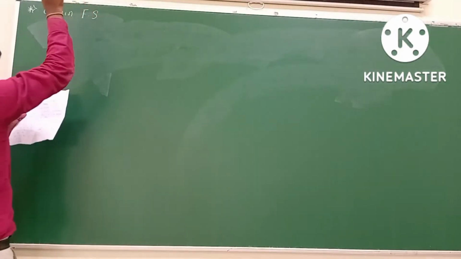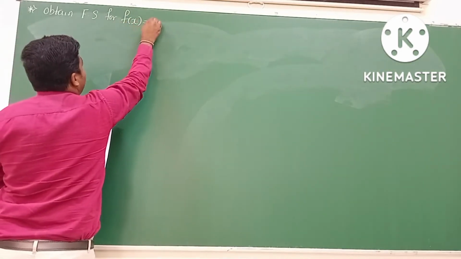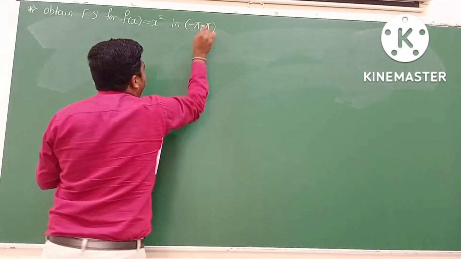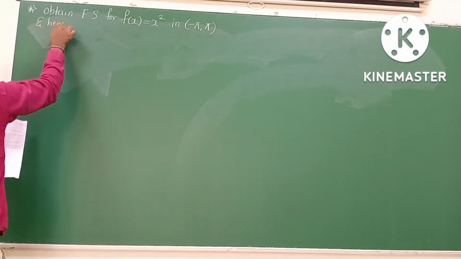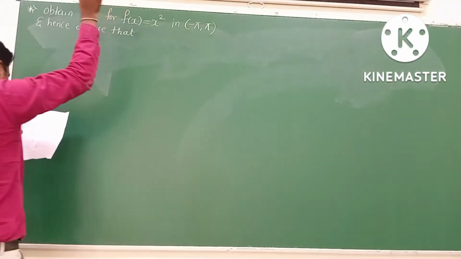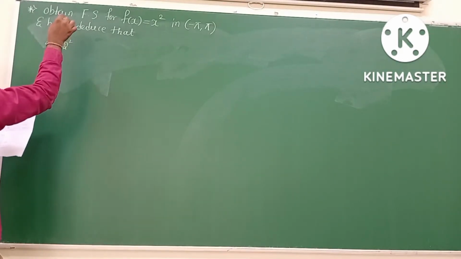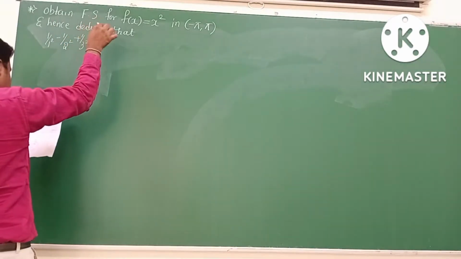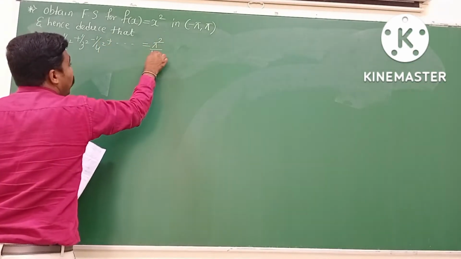Obtain Fourier series for f of x equal to x square in the interval minus pi to pi, and hence deduce that 1 by 1 square minus 1 by 2 square plus 1 by 3 square minus 1 by 4 square plus, and so on, equal to pi square by 12.